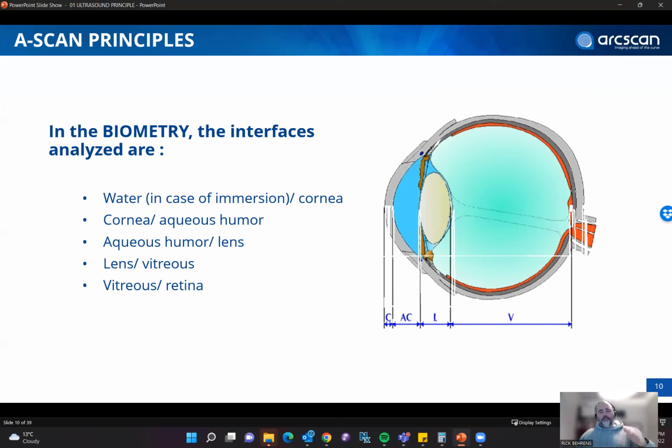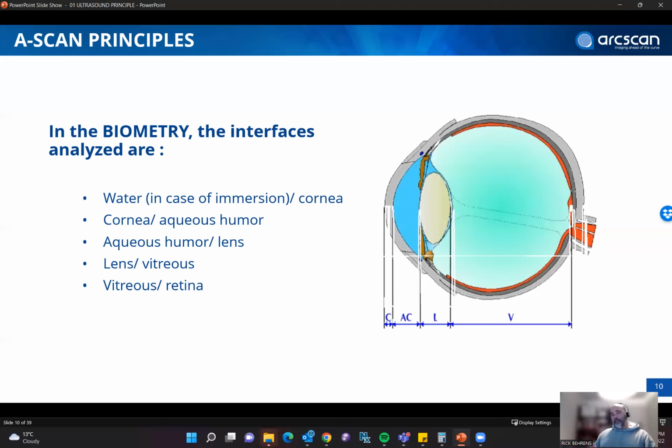Let's not go into that, but basically, the taller the peak, the greater the amplitude of that peak, the denser the structure. And the lower the peak, the softer or less dense that structure is. Now, just remember that amplitude.